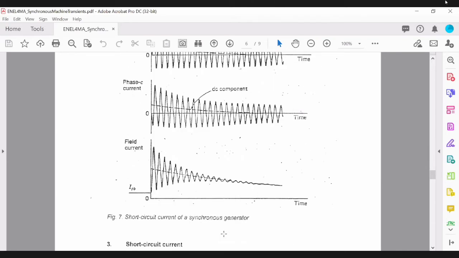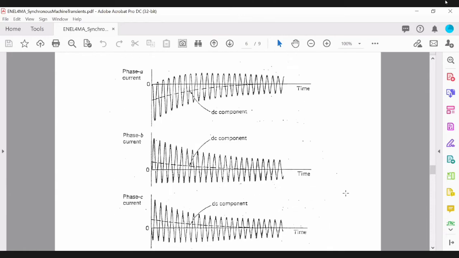And this is the response of the field current. So it was initially at IF naught. It rose to a high value, and then it's settling back, coming back towards IF naught if you extend the simulation.